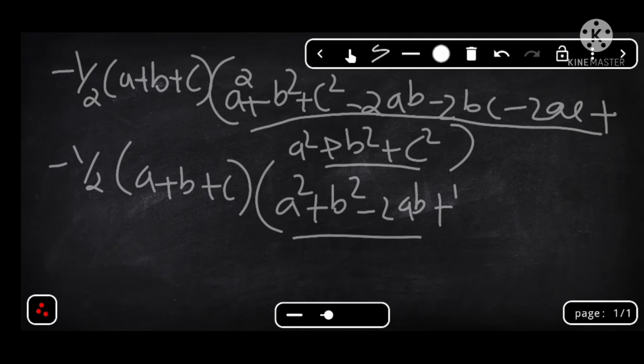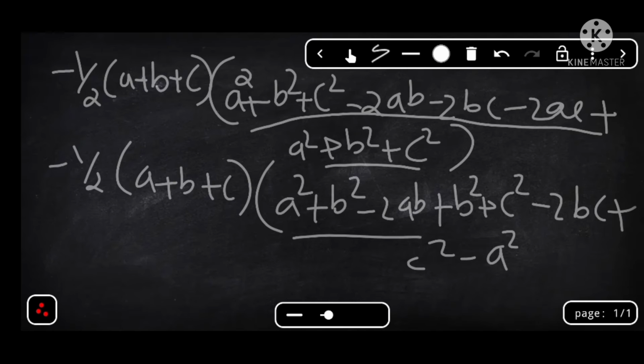Similarly, plus b square plus c square minus 2bc, that is b minus c the whole square, plus c square plus a square minus 2ac, which is c minus a whole square, right?